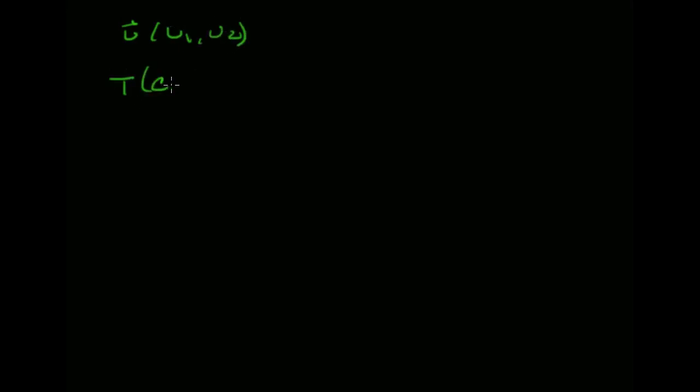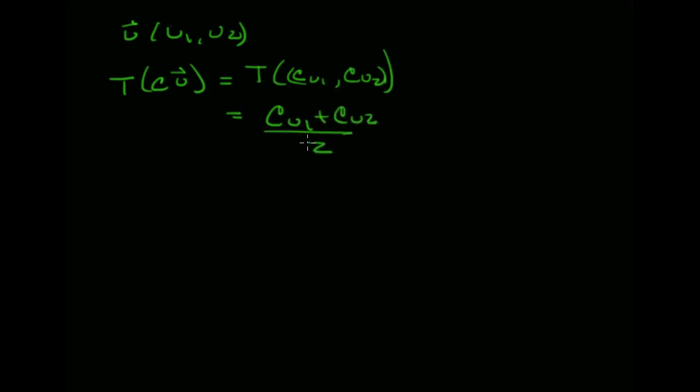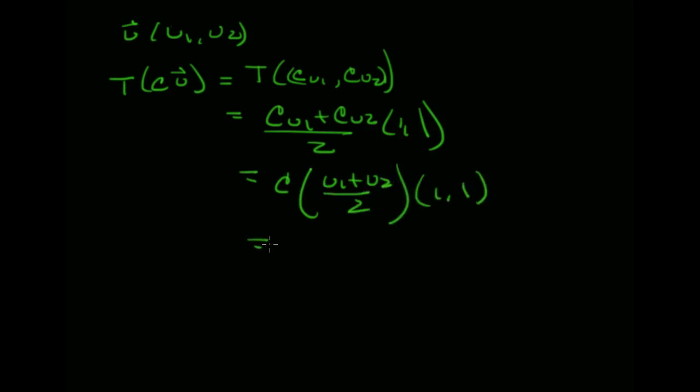So we want to take C times the scalar of U, means that we got T of CU1, CU2, which is CU1 plus CU2 over 2 times 1, 1, which is C times U1 plus U2 over 2 times 1, 1, which is the same as C times T of U. And that proves it for scalar multiplication.